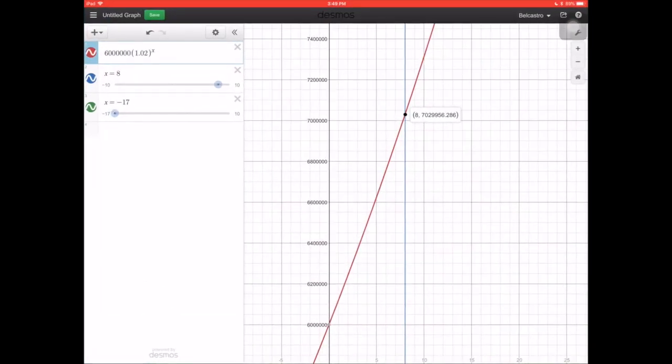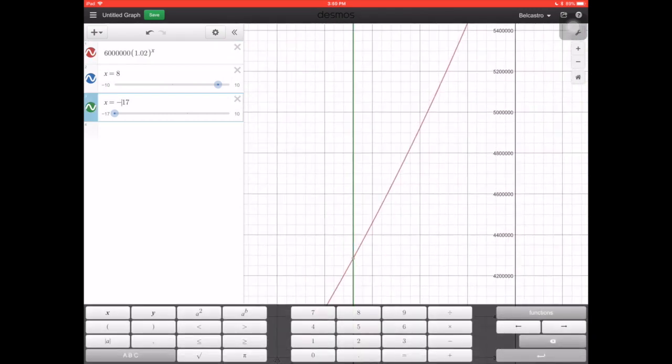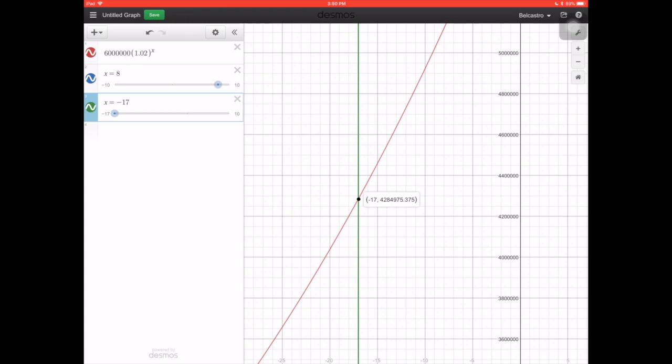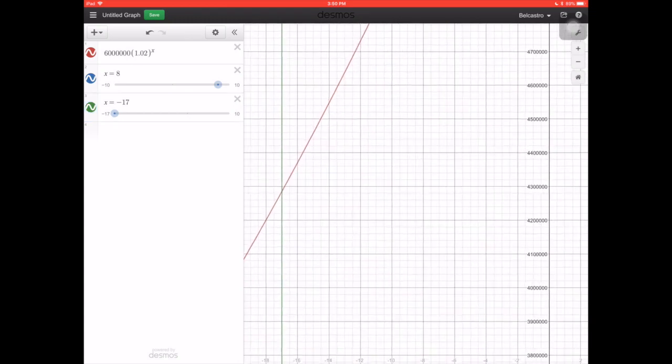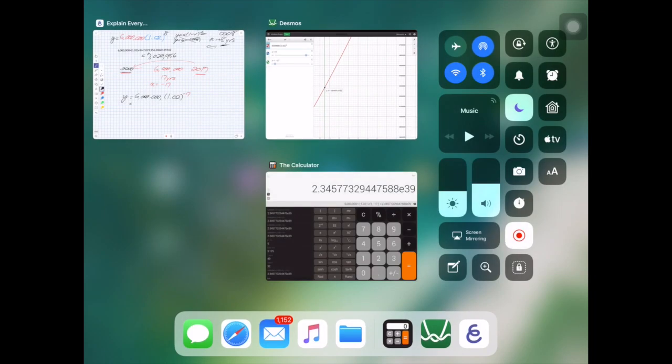All right, that was our correct number before. And then I put in x at negative 17, and here's our value, 4,284,975. So we're going to put that in.